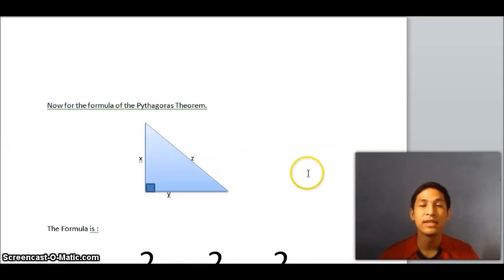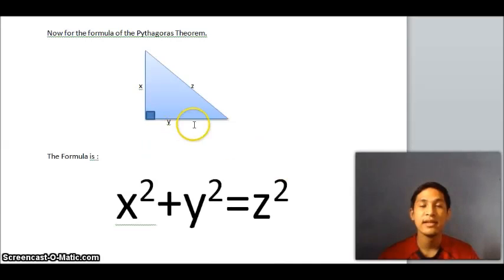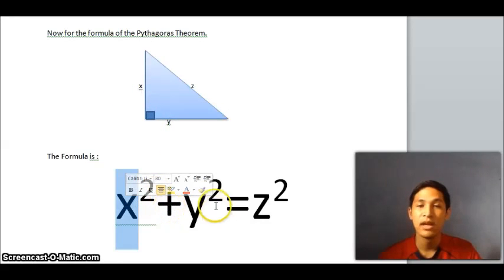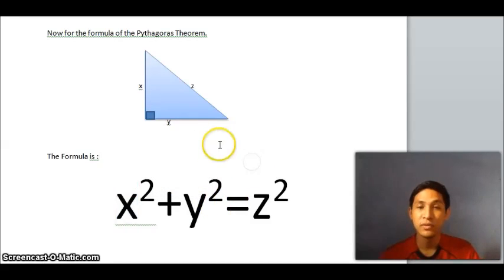For the formula of the Pythagoras theorem, let's label the two sides as x and y, and the hypotenuse as z. Pythagoras said that the sum of the squares of the two sides, which means we have to square these two sides, x and y, so x square plus y square, is equal to the square of the hypotenuse.